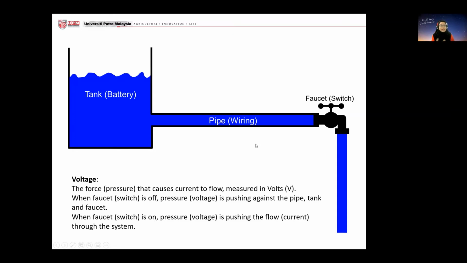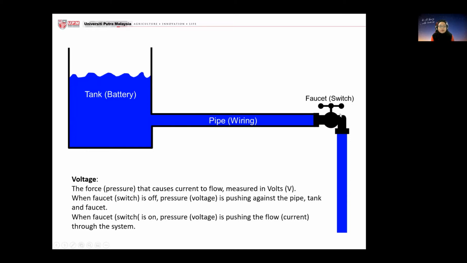Right? So what is voltage? Voltage is actually the force that causes current to flow, and it's measured in volts. So it's actually the pressure. Imagine this is the faucet. You switch it on or off, the pressure is always going to be there.